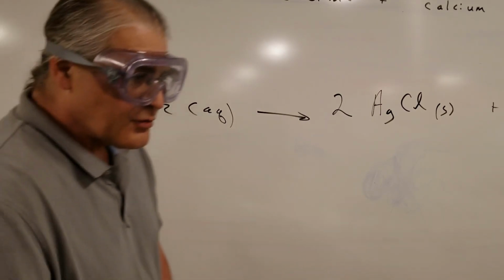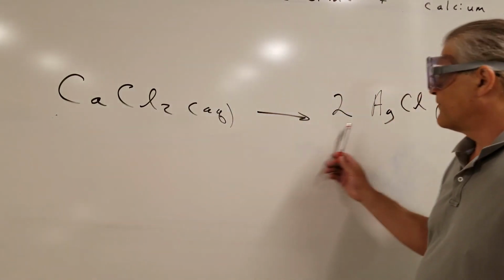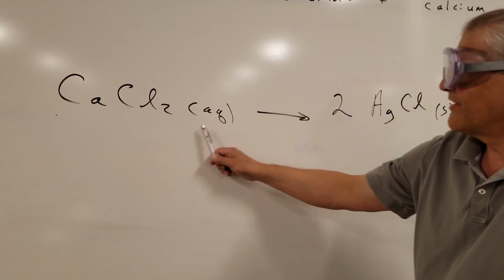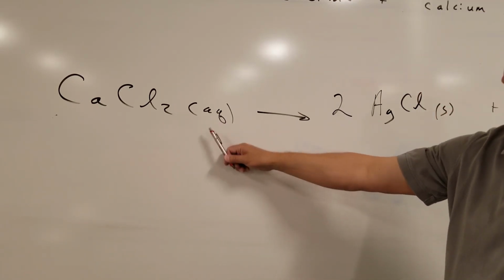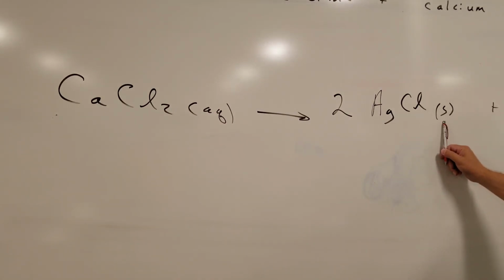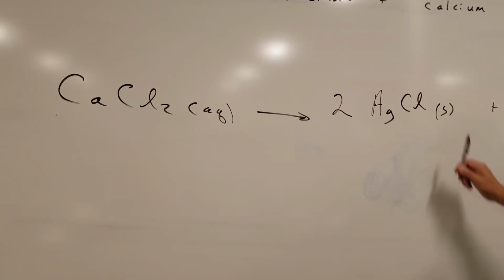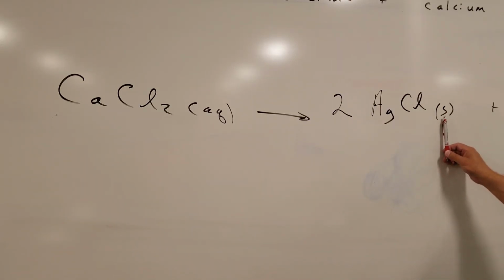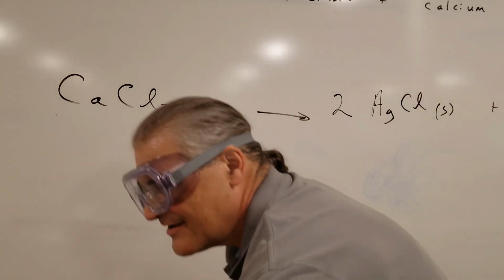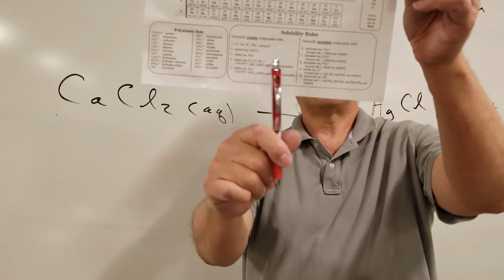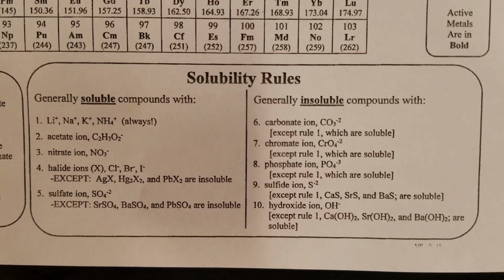Okay guys, when we wrote these formulas, you might have noticed I rather seamlessly just said calcium chloride was dissolved in water, got the little (aq). Silver chloride I identified as a solid. How do you know whether something's aqueous or solid? The answer is, you look at a periodic table that has the solubility rules.